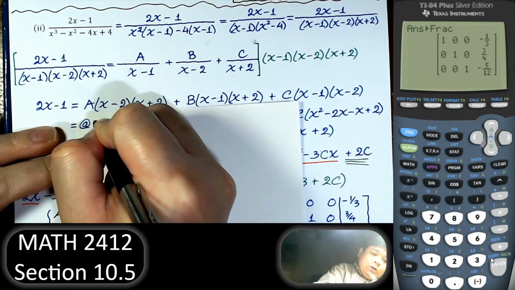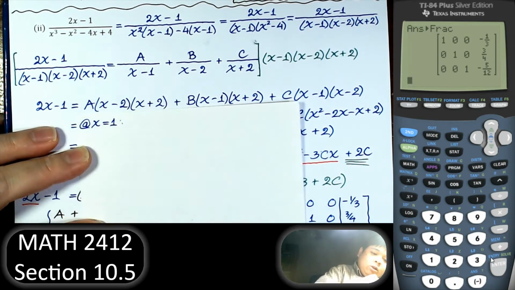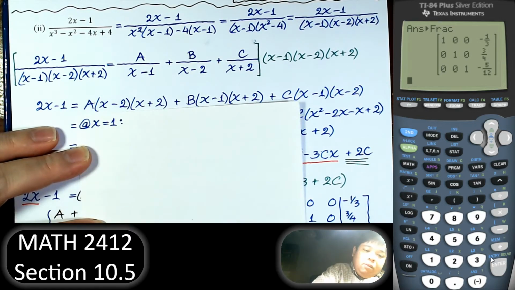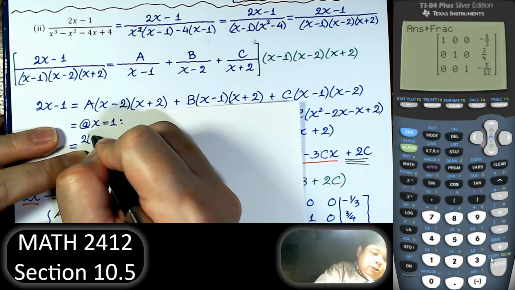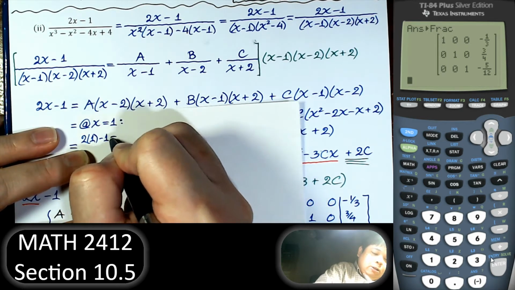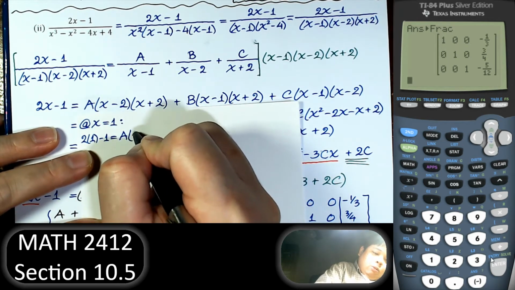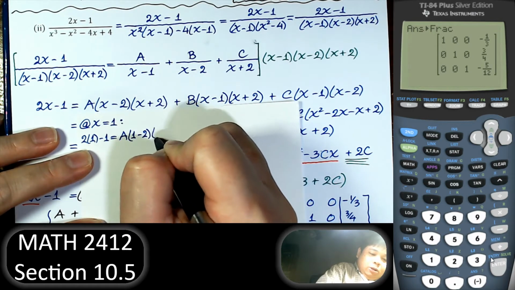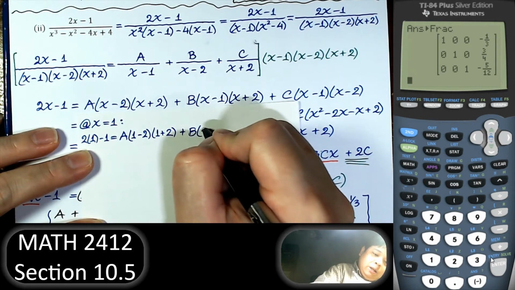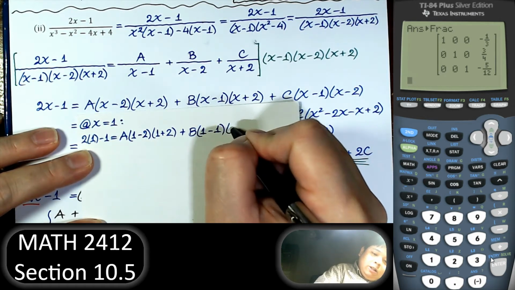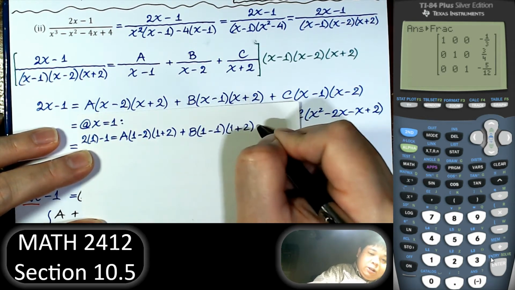So at x equal to 1, what do we have? 1 put in for x. A times 1 minus 2, 1 plus 2. B times 1 minus 1, 1 plus 2.